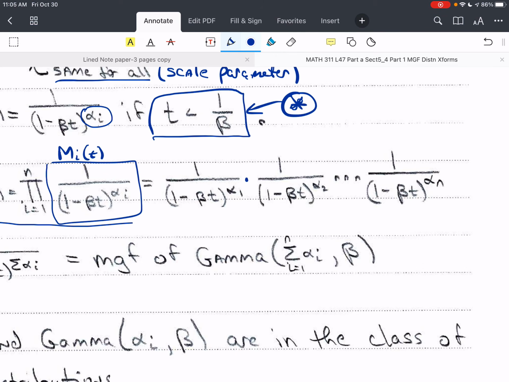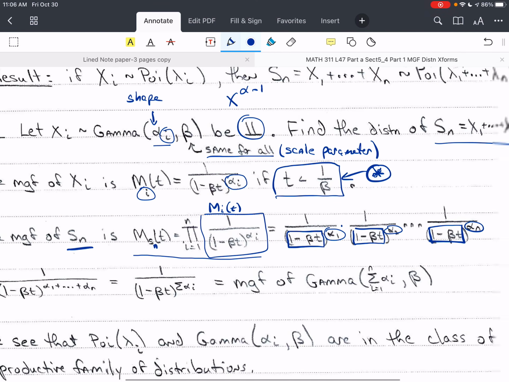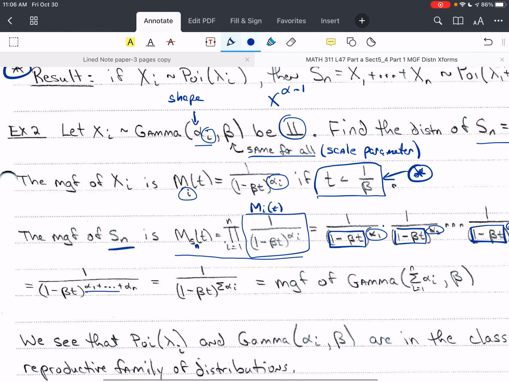You have alpha 1, and notice that the part in parentheses on the bottom is the same for all of these. This doesn't change because it's not dependent upon i. And so we can add the exponents, and we can symbolize these as the sum of alpha i from i equals 1 to n.